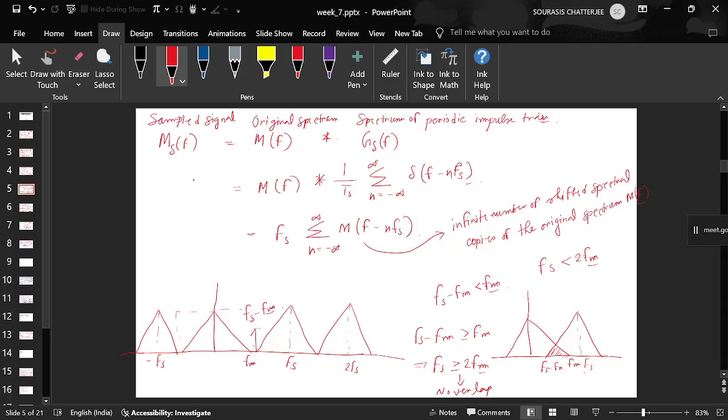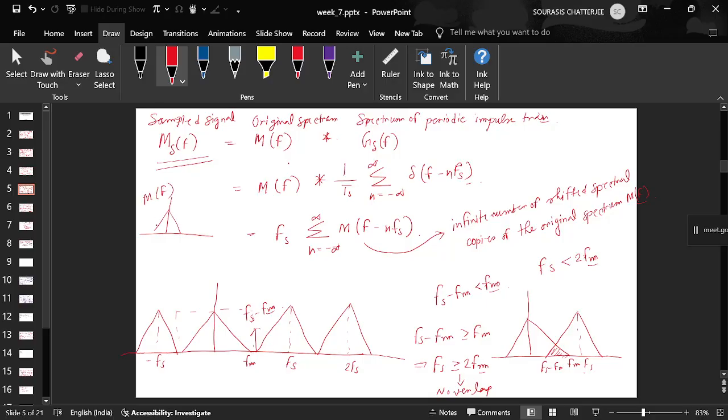So that is the main intuitive understanding, that this is your spectrum of the sampled signal, which is nothing but a scaled version of an infinite number of shifted spectral copies of the original message spectrum M(f).